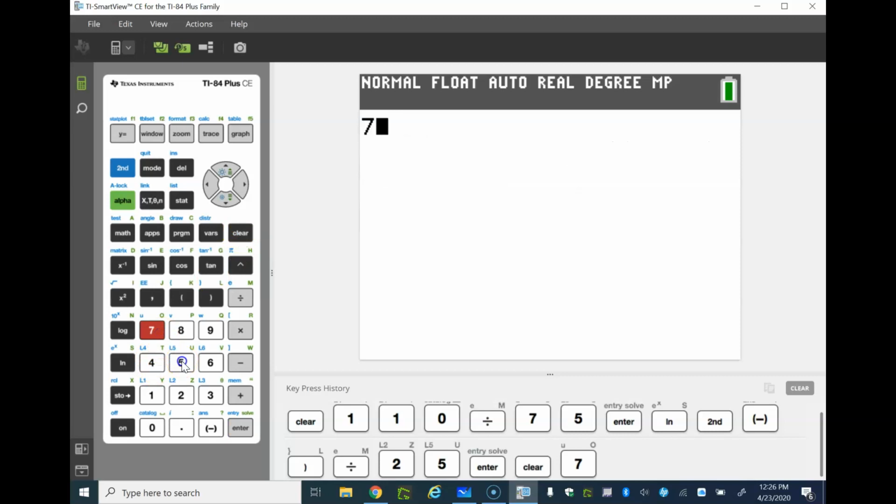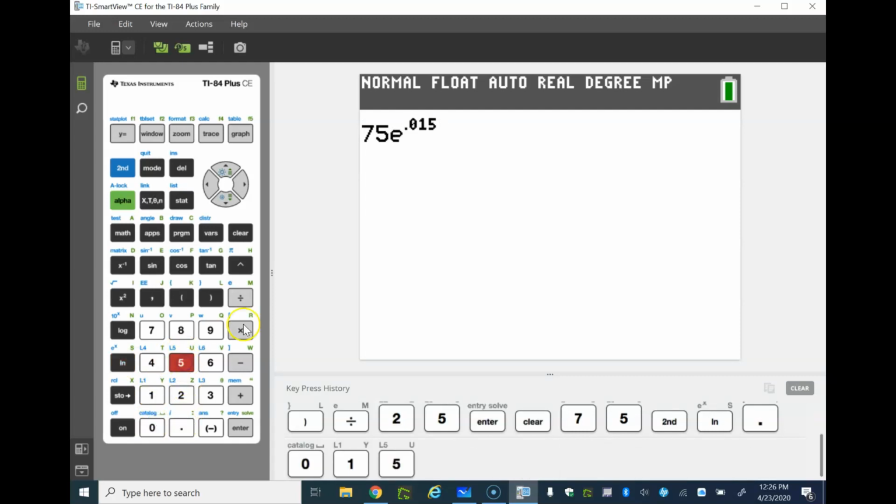So 75, and then we're going to press second, and then ln gives us the E. 0.015 times 50. And if you have the older calculator, you need to put all this in parentheses when you raise it. The TI 83 or 84 that doesn't have the screen, you need to put this whole thing up here in parentheses. So make sure you close the parentheses once you finish.